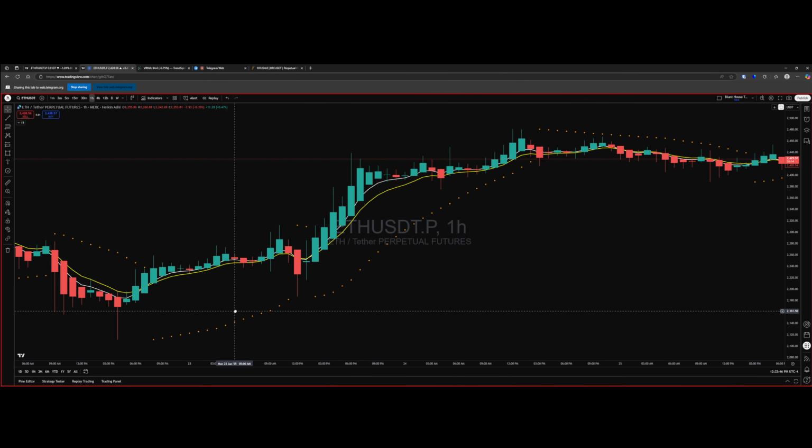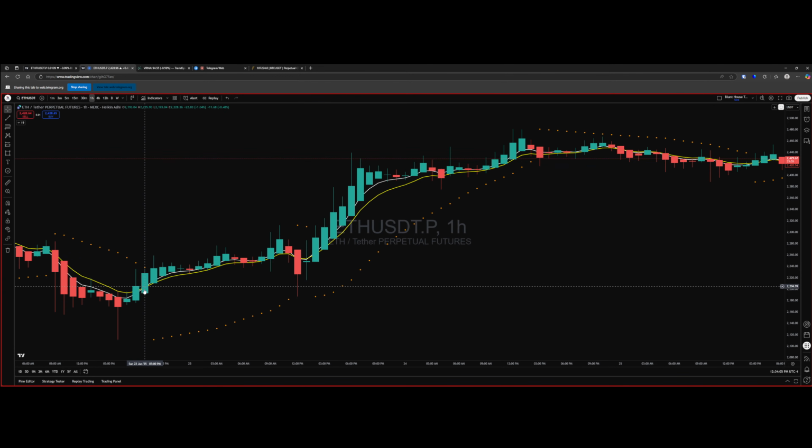Well, we have a couple options. If you're going to use this Heikin-Ashi methodology, which I highly recommend for anybody to use, it's very, very simple. What you're looking for as an entry candle is a solid green candle, which this one is.